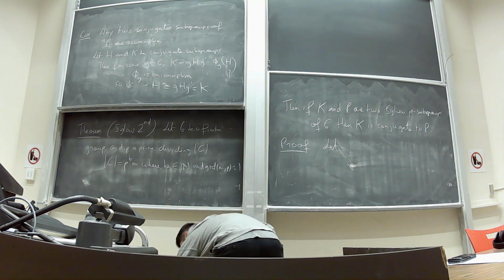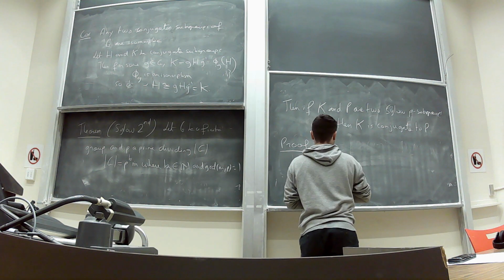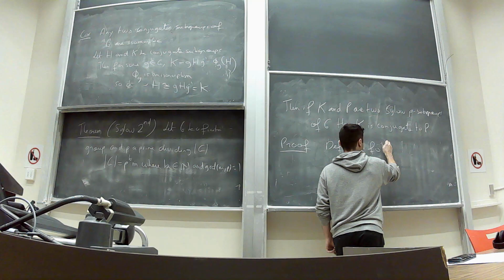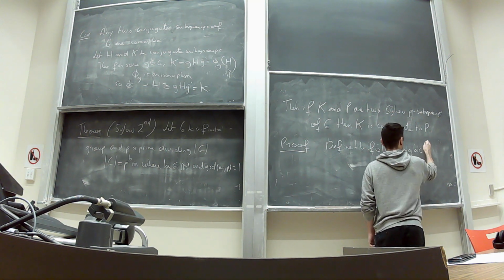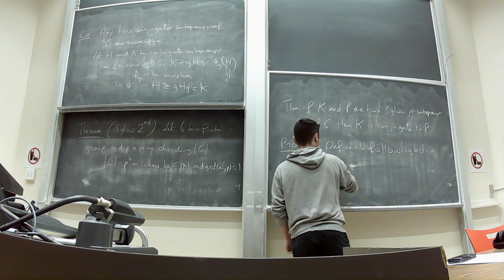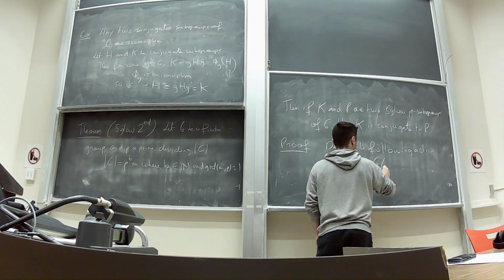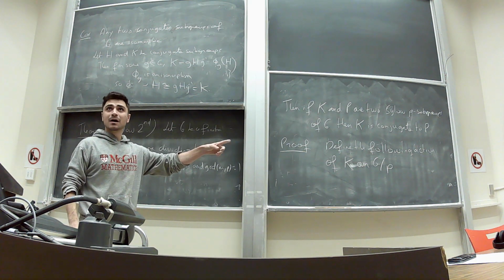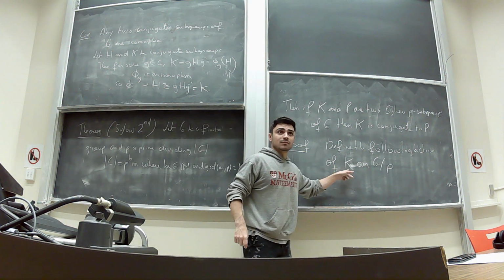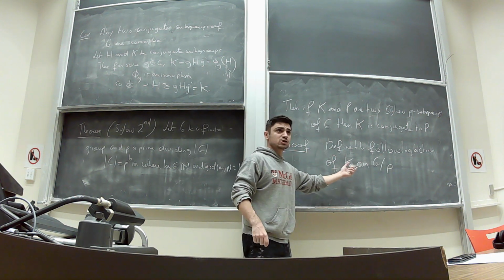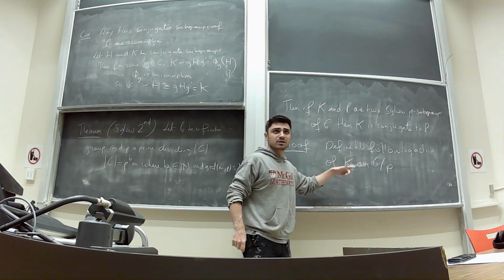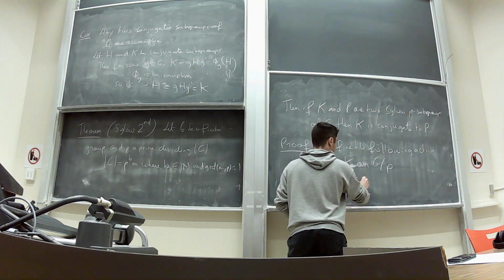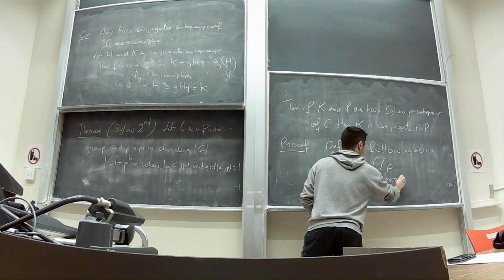Define the following. Obviously, this is an action of K on G modulo P, so I have the cosets of P. I usually let G act on G mod P, but I can restrict my elements of G to being K, because K is a subgroup of G. So you take k in K, k star xP, you get kxP.